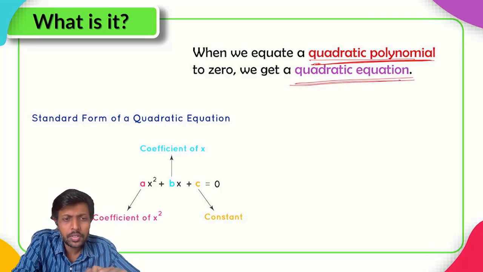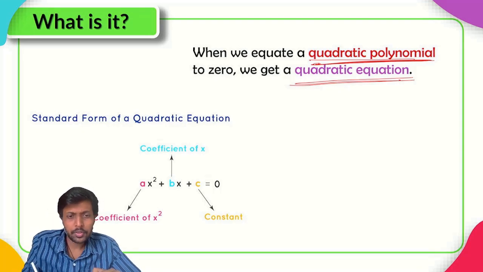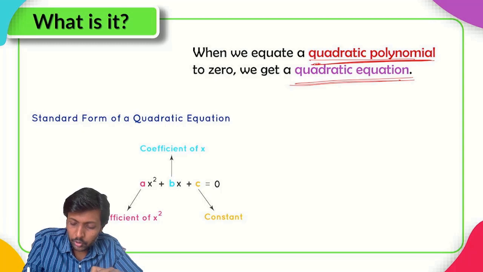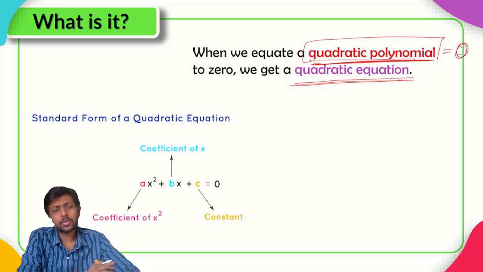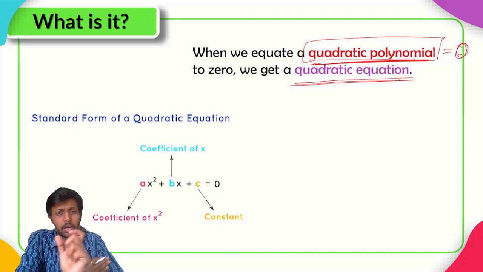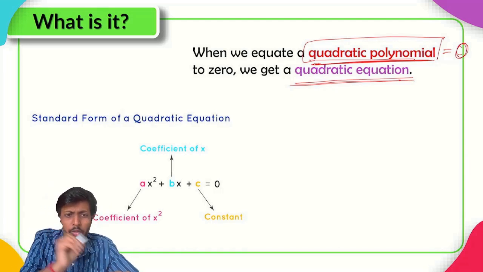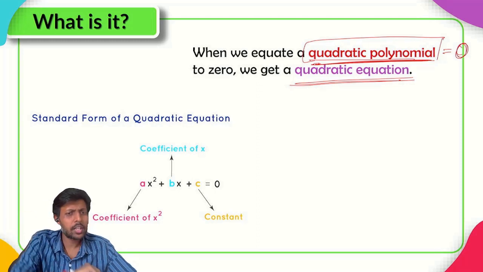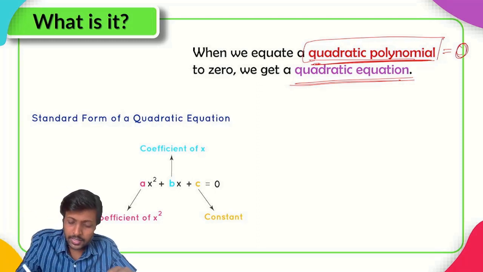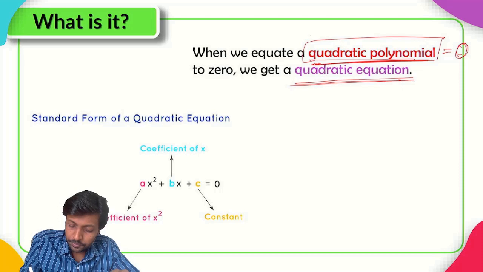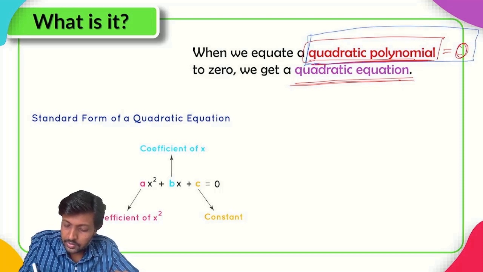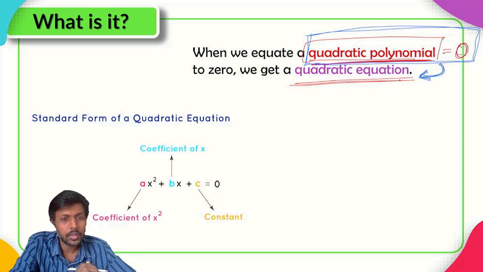There's a very minute difference, and what that difference is: when you equate a quadratic polynomial to 0, when a quadratic polynomial is written and an equal to sign is written beside it and it is equated to 0, this entire thing is your quadratic equation. That's all.